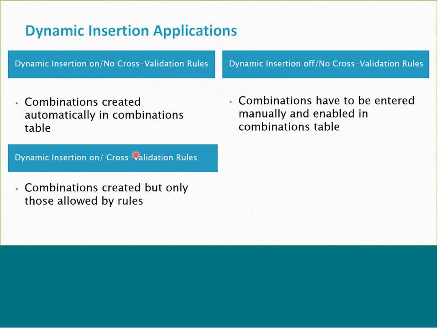But in this last case, which is what we've just done, we have dynamic insertion on and we have cross-validation rules. Why? Because this client has business rules that they need to be met, but it is impossible to do it manually because the combinations to be managed are so many. So we have these features of Oracle that enable us to meet those business needs in a simple way.